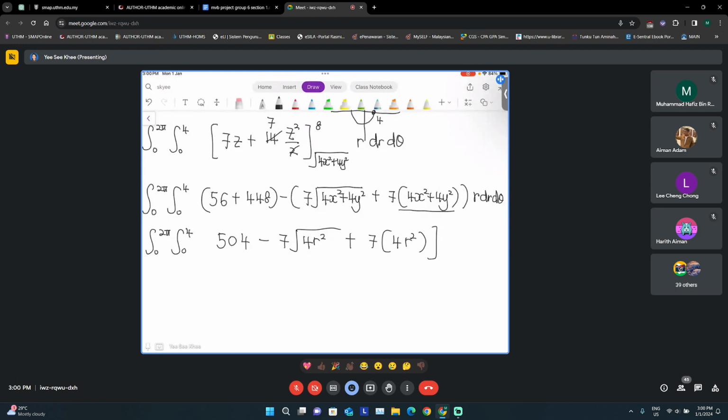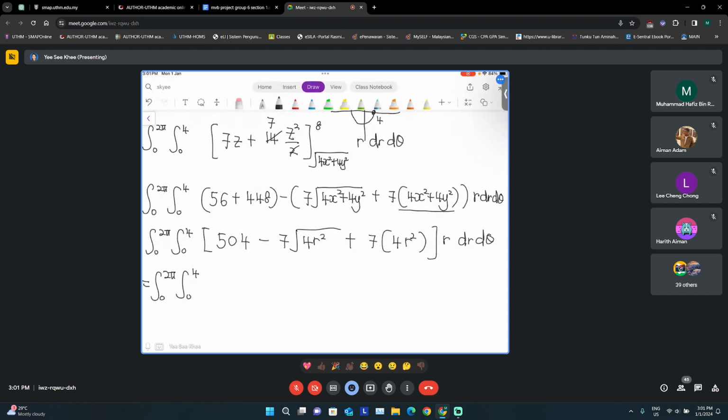And then you have an r outside. So I know it is a lot of steps, but please write down properly, because if you jump the step, you might make a mistake, and it's very difficult for you to trace back. You want to check later.